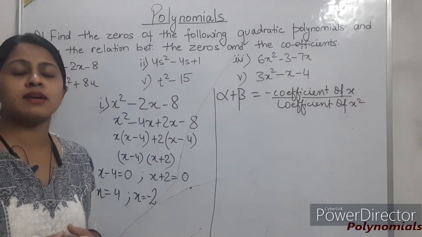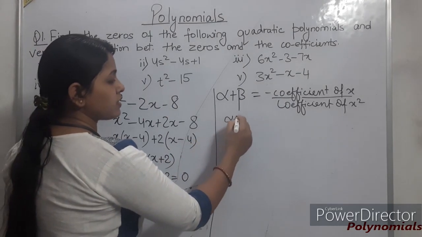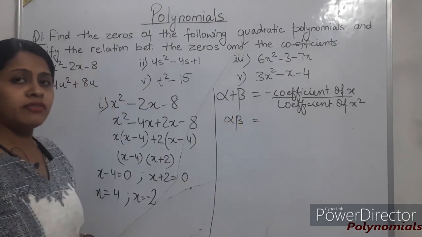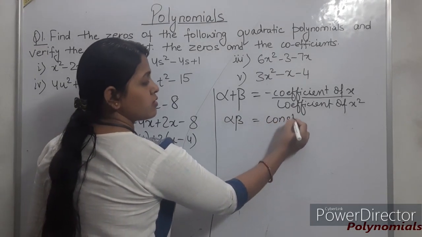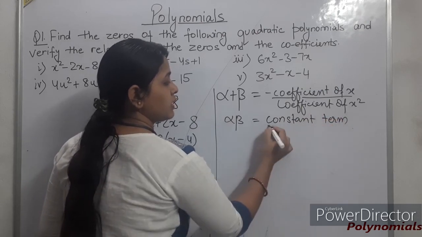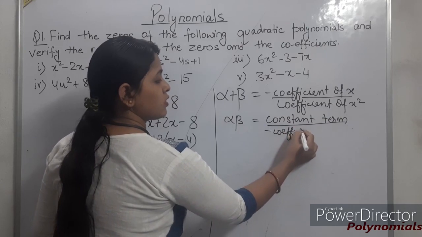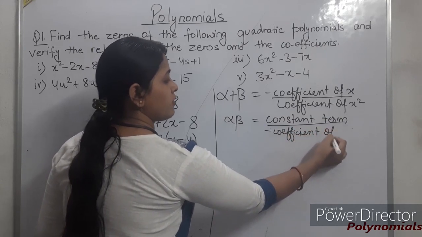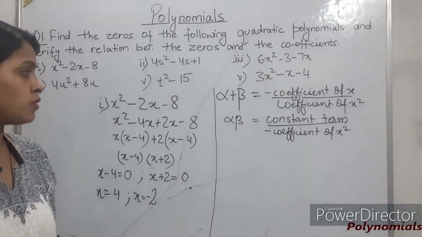This is our formula for the sum of zeros. And the product of zeros, that is alpha beta, is equal to constant term divided by coefficient of x square. So these are our formulas.